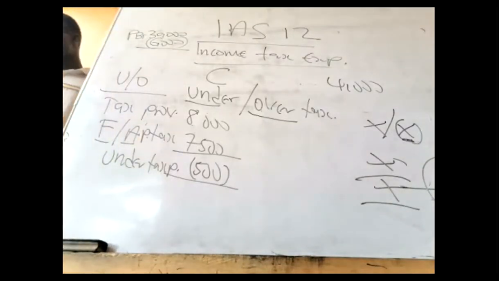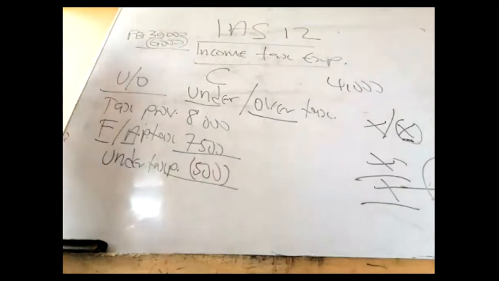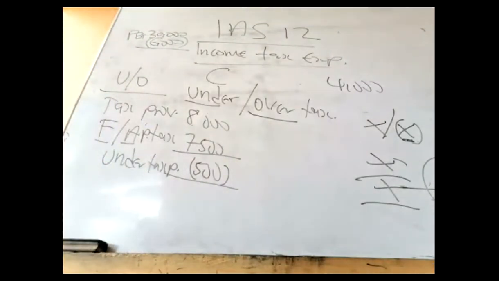Now let's back this with an illustration. So let's go to success and let's solve success. Debit side means under, and the credit side means over.